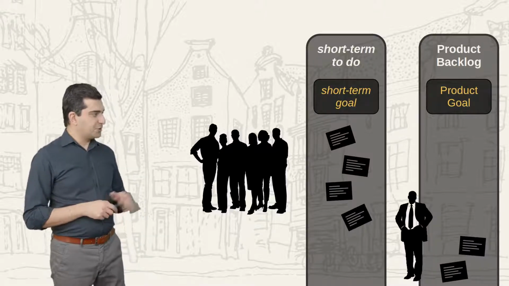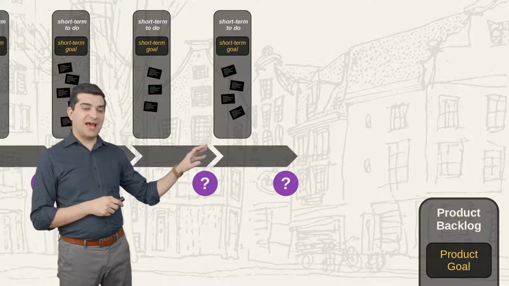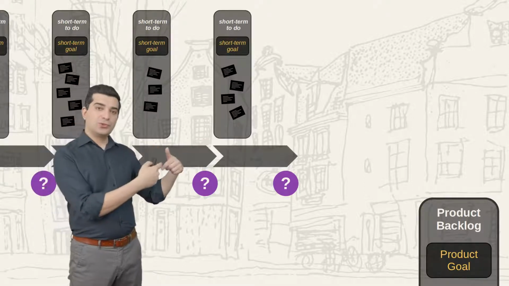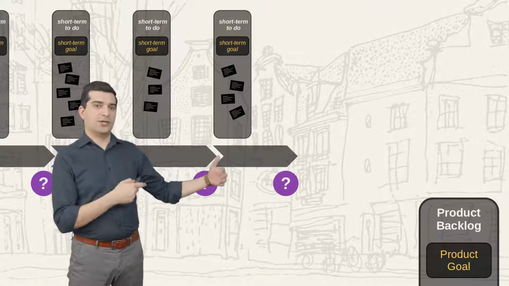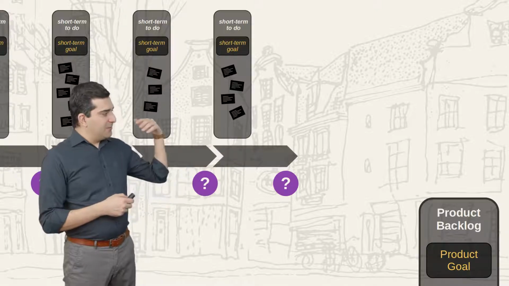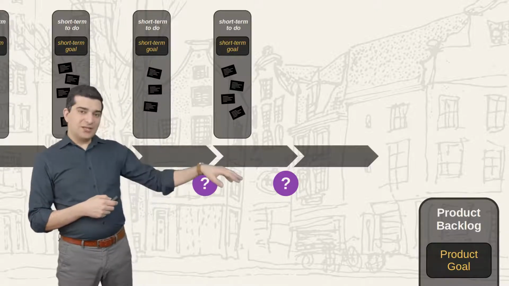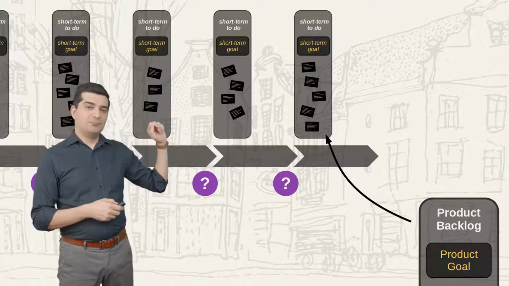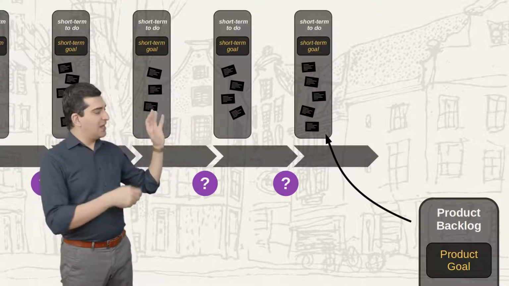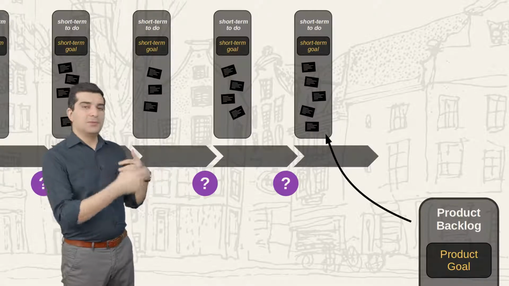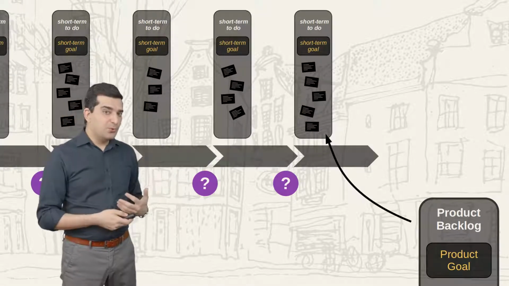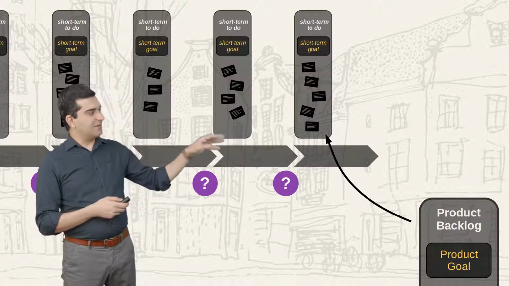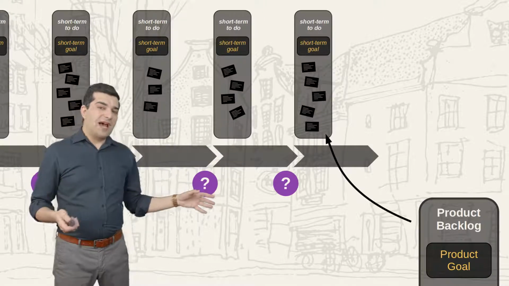All right, so this is the concept that we have, and we go on with those short-term windows of working. When we want to start a new one, we check the product backlog, pick a number of items, create the short-term list. We work on that. We will create our outputs, and at the end of that window, we will evaluate everything.